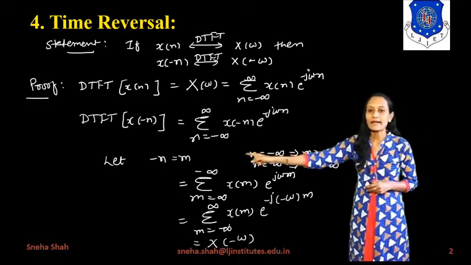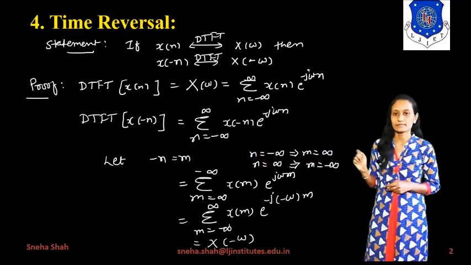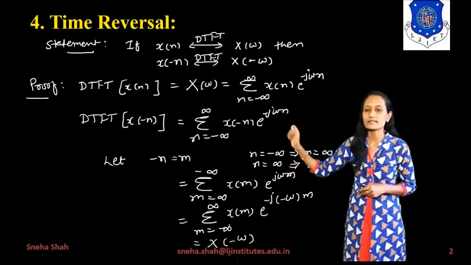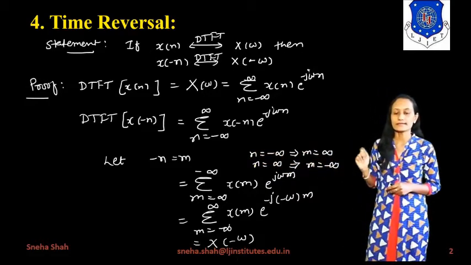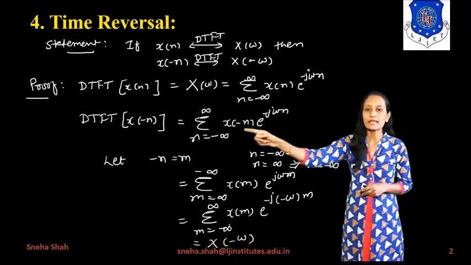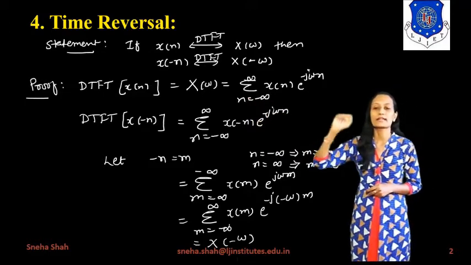The term will be minus n equals infinity, so if n equals infinity in this equation, then minus into infinity, the value of m equals minus infinity. Right? So the range of m will be infinity to minus infinity instead of minus infinity to infinity.